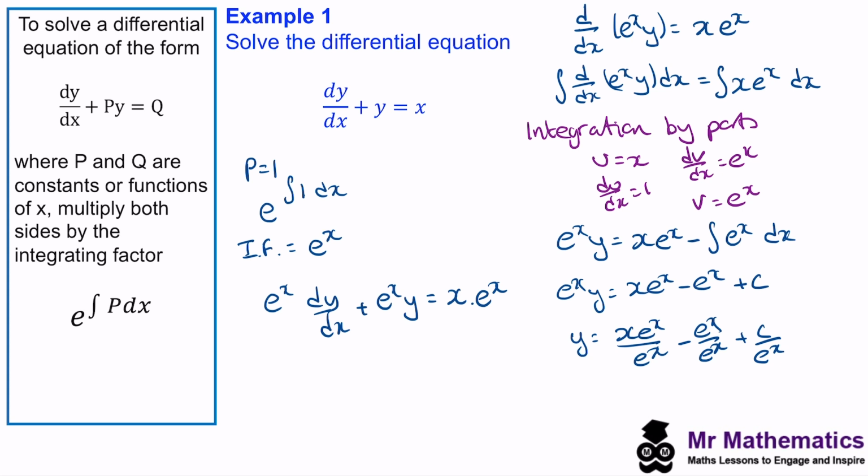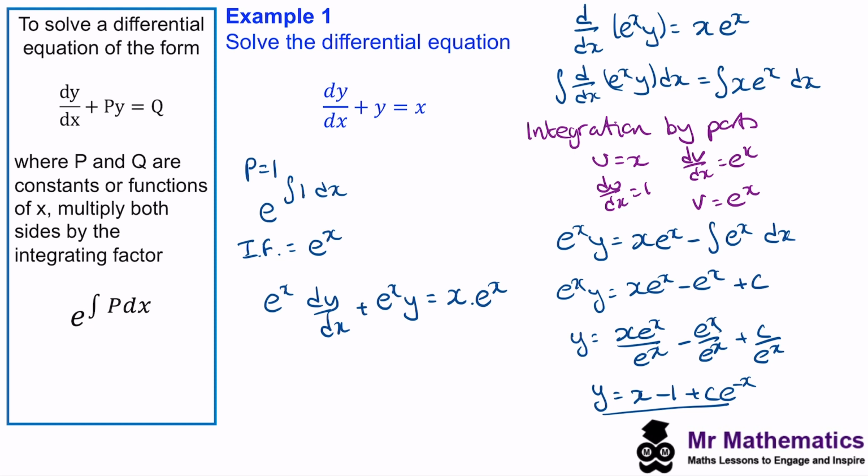These two will cancel, as will these. So we're left with y is equal to x minus 1 plus c e to the minus x. All of this was possible because we multiplied both the left and the right hand side of this differential equation by the integrating factor.